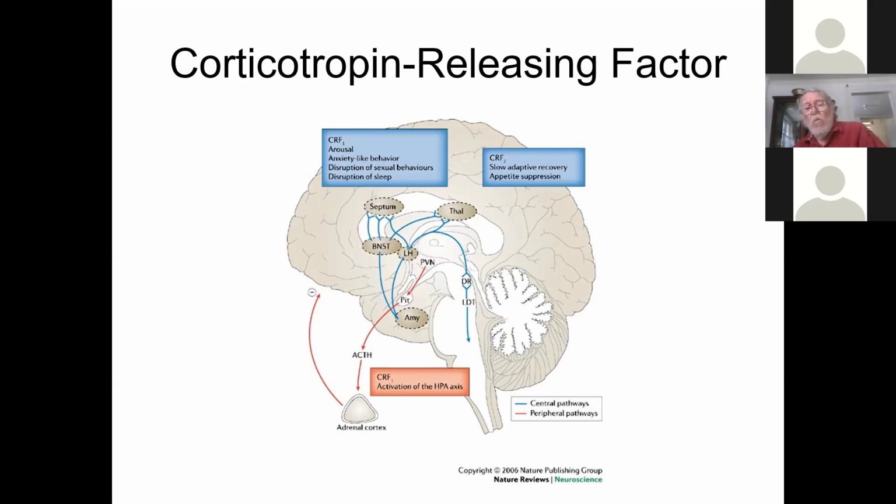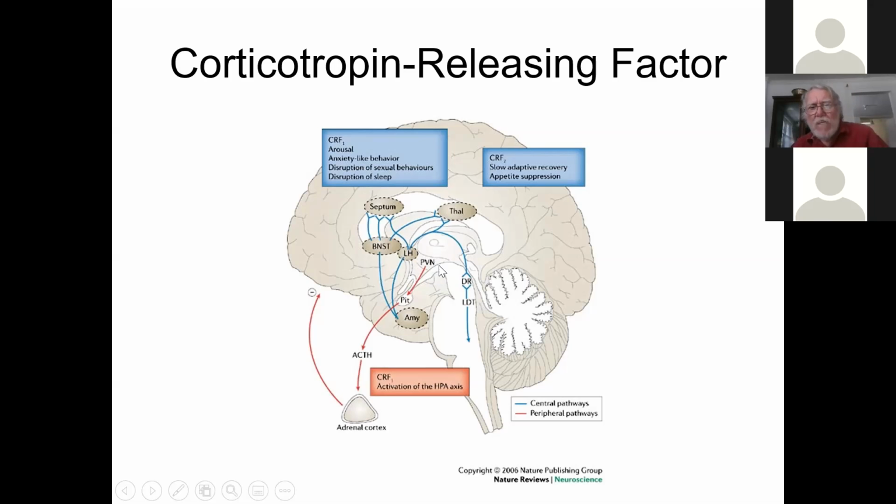So now we can look at corticotropin releasing factor. Corticotropin releasing factor comes out of one particular brain nucleus that I talked about when I talked about the hypothalamus, the paraventricular nucleus of the hypothalamus.